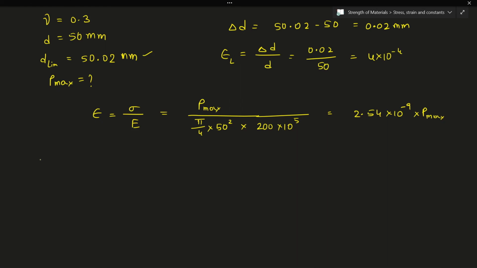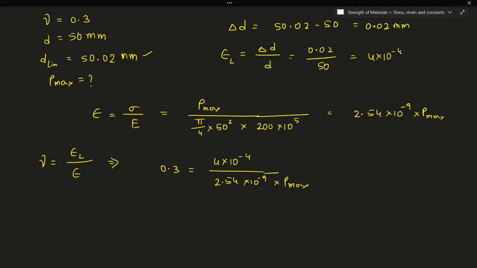Okay, I'll make use of the formula of Poisson's ratio. Again, nu is given by lateral strain divided by the longitudinal strain, so nu value is given as 0.3, that would be equal to 4 into 10 to the power of minus 4, which is the lateral strain, divided by the longitudinal strain, 2.54 into 10 to the power of minus 9 into P max.